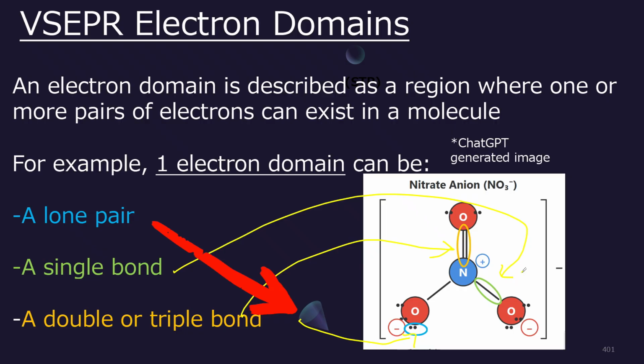A lone pair is one domain, a single bond is one domain, a double bond, even though it has two pairs, still exists essentially in the same location, so it is one domain, and the same would be true for a triple bond, that's one domain. So the example I gave here was the nitrate anion. It has one of each of these types at least, and then there's a bunch more lone pairs on the oxygen. There's another single bond as well.